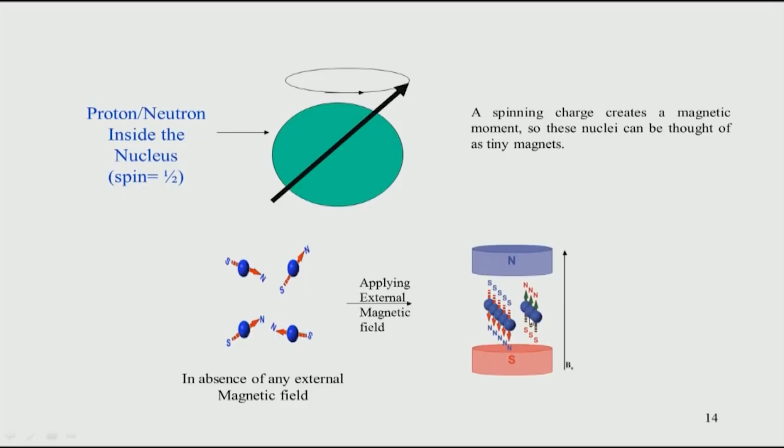And why is this happening? This is happening because there is an interaction of these spins with the magnetic field, and this is what we will be looking at throughout this course: the interaction of the nucleus, which is a magnet, with the magnetic field, which is the most important concept in nuclear magnetic resonance.